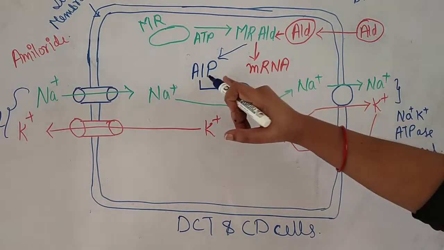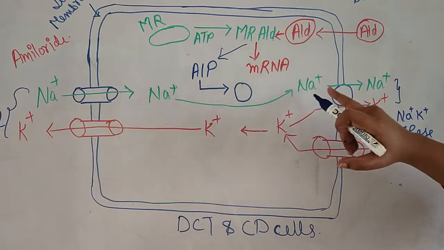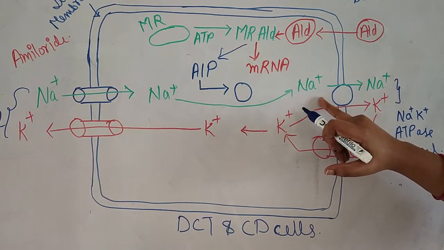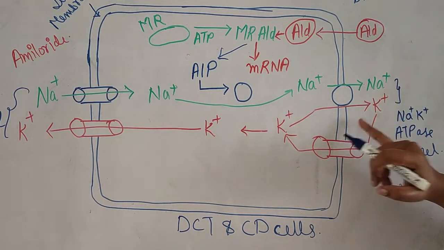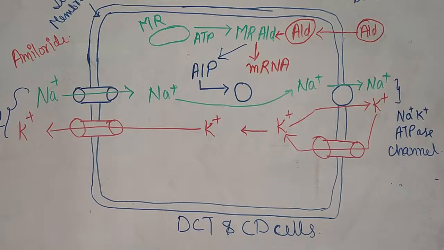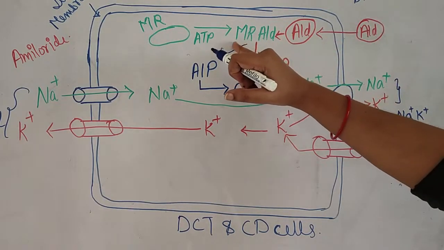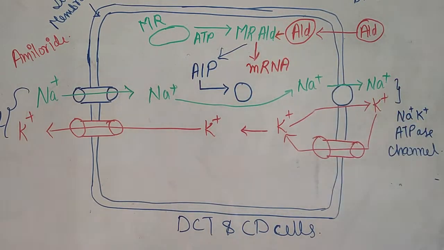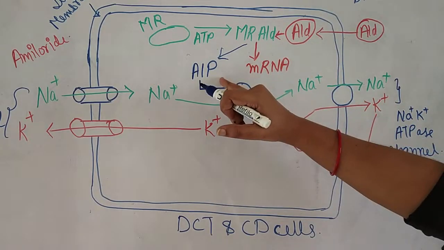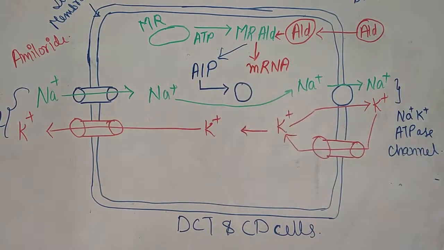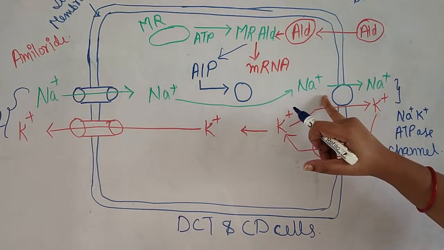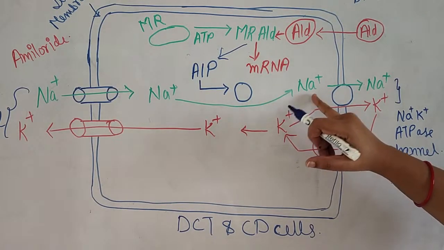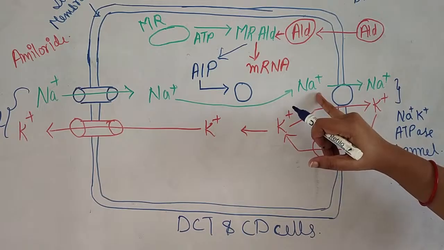That protein influences the sodium channel and promotes sodium reabsorption and potassium secretion, right? Here you can see this mineralocorticoid aldosterone complex produces aldosterone induced protein, which influences the sodium channel and promotes sodium reabsorption into the blood.